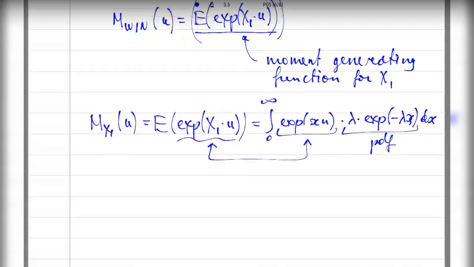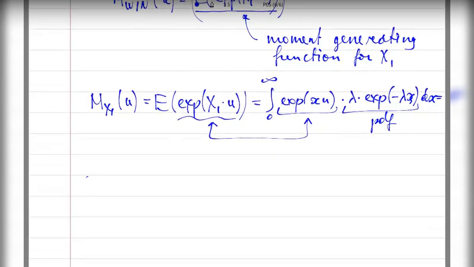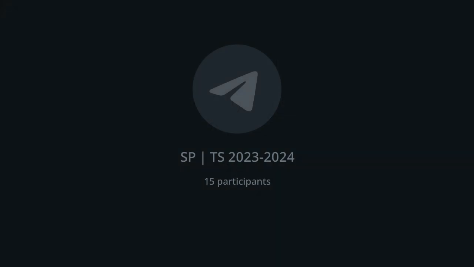We calculate the expected value. Hence, it's the integral from 0 up to infinity of lambda times exponent of minus x times lambda minus u, dx. Yeah, am I right? I think I'm right.